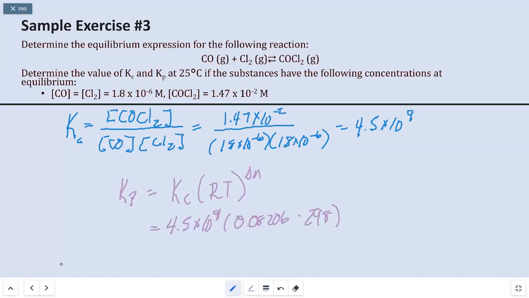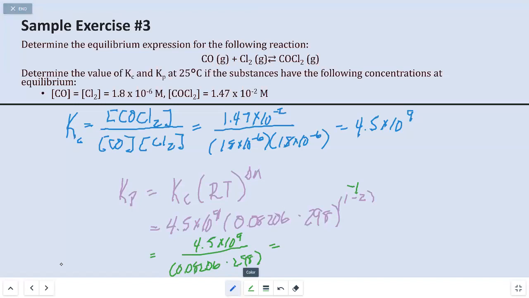And delta n would be gas products, 1, minus gas reactants, 2. So 1 minus 2 gives us -1, which means that this is going to be the denominator, not the numerator. 4.5 times 10 to the ninth over 0.08206 times 298.